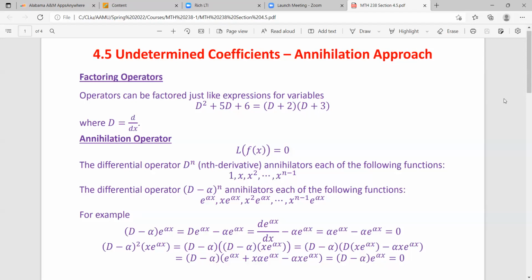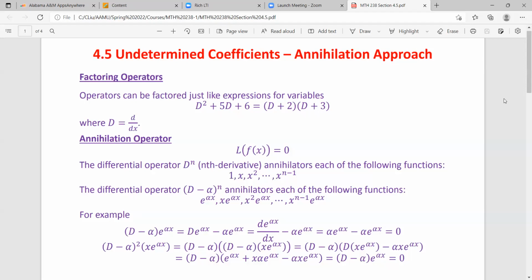So operators, we already discussed before. We used capital D to denote the differential operator, the first derivative operator. But operators can in fact be used just like an expression with variables. For example, if we have an operator expression D squared plus 5D plus 6, what it means is you have three terms of operators.